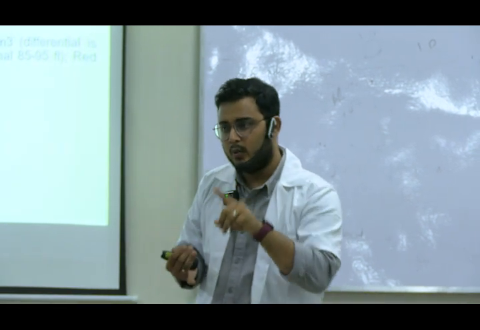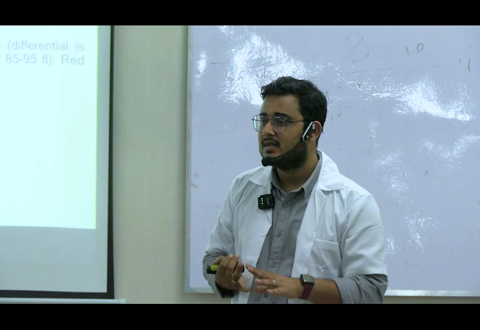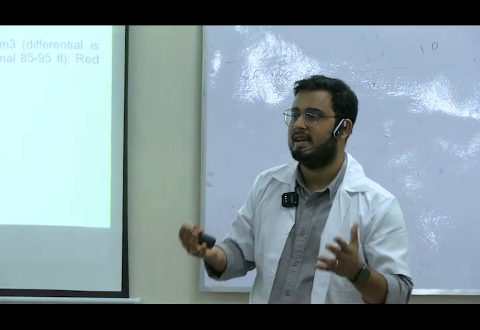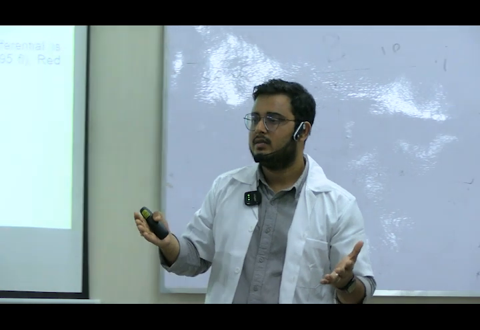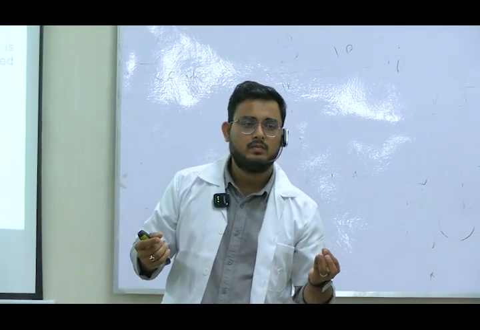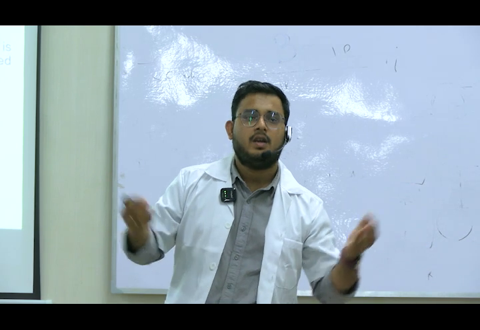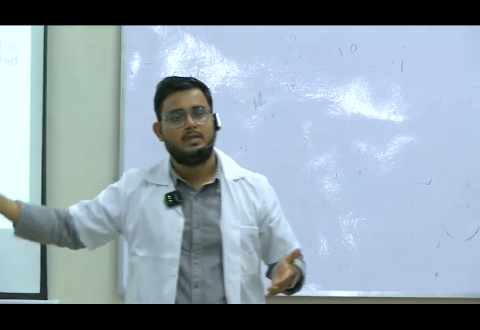For example, one by one we'll say, the first is pallor. Pallor means paleness. Now in anemia, what is the basic defect? Hemoglobin is less. Simple definition. It is either in terms of hemoglobin or in terms of RBC mass.